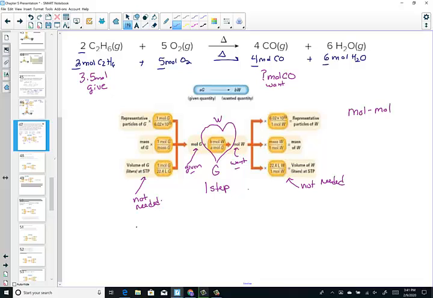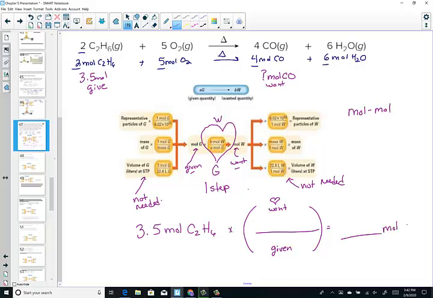Start by writing what was given. We were given 3.5 moles of C2H6. We need a conversion factor, the heart of our problem, our want over given mole ratio. And remember what we wanted to solve for?